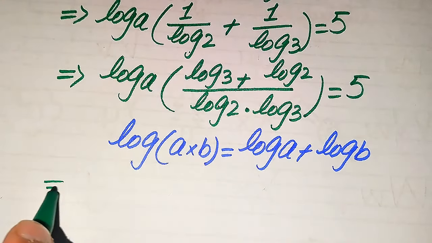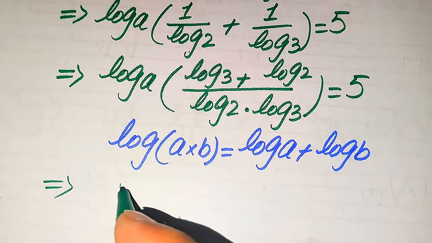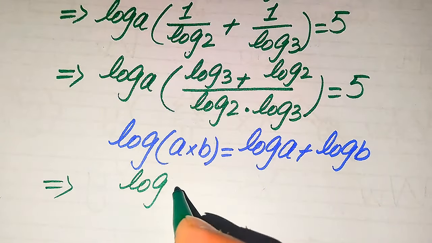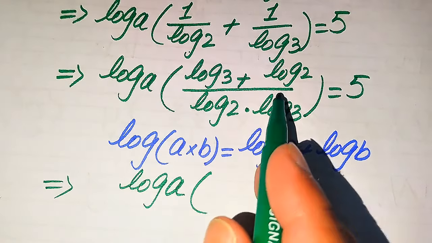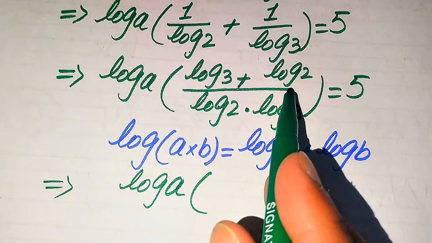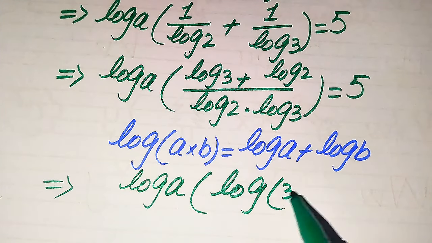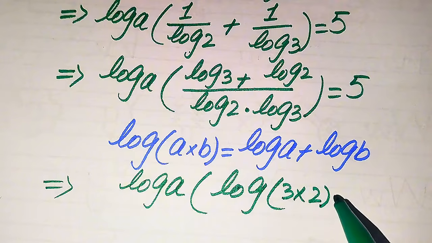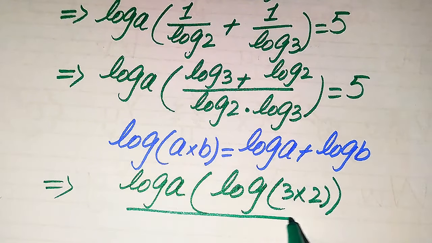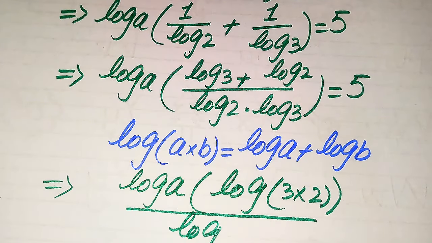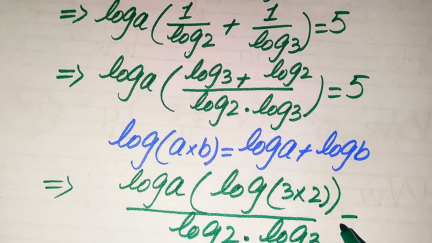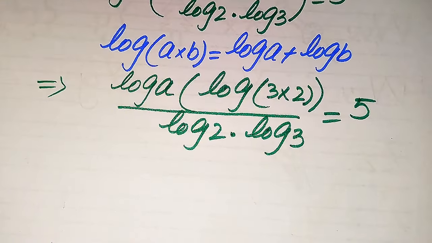So we write this term as log of 3 plus log of 2, and it becomes log of 3 times 2, divided by log of 2 multiplied by log of 3, and this whole equation is equal to 5.